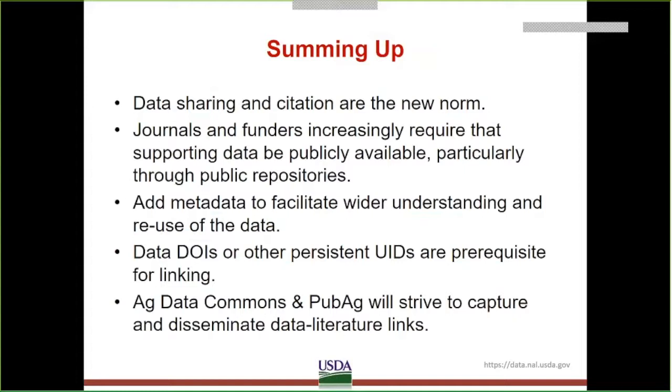Consistent metadata, use of ORCIDs or author identifiers, keywords, and controlled vocabularies is very important for discovery and interoperability. And lastly, persistent unique identifiers are the basic mechanism for data literature links.